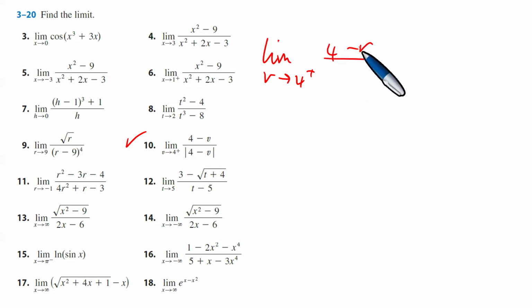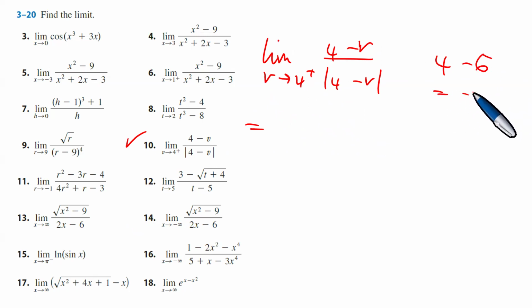So we have 4 minus v divided by the modulus of 4 minus v. As v approaches 4 from the right, imagine a number bigger than 4, like 5 or 6. The difference 4 minus v becomes negative, like minus 2.